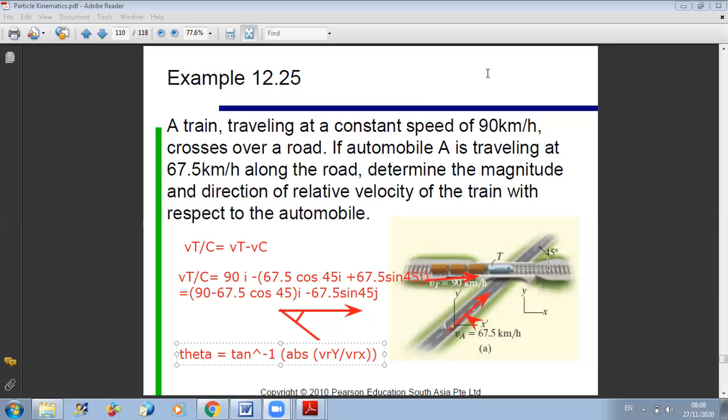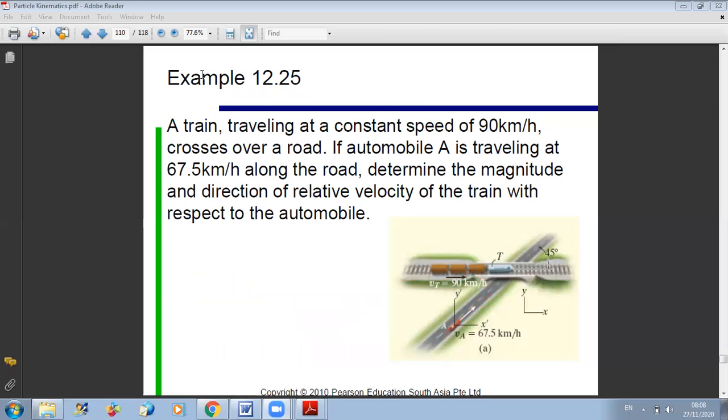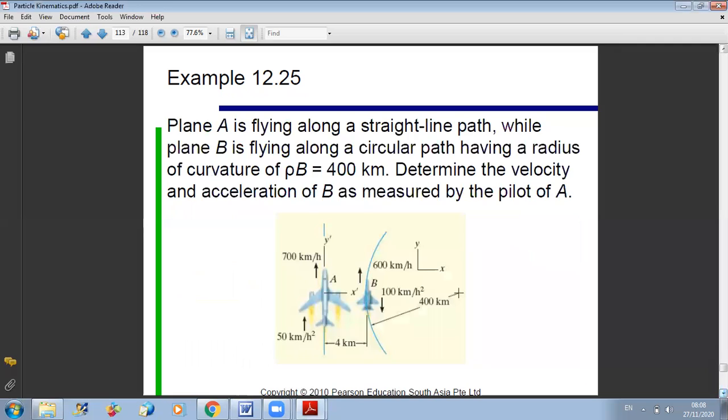Okay. So another problem. Plane A is flying along a straight line path, while plane B is flying along a circular path, having a radius of curvature rho B equals to 400 kilometers.